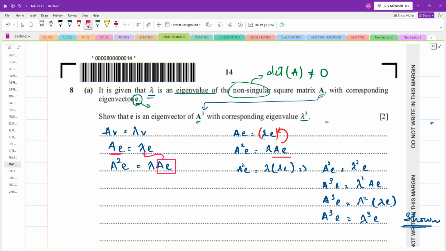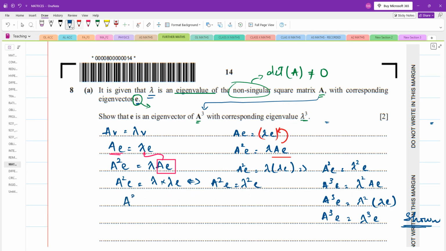We're just going to shift it with this. We put A squared V is equal to lambda multiplied by lambda V, which will just give us A squared V is equal to lambda squared V. What we're going to do is multiply A with both sides again.